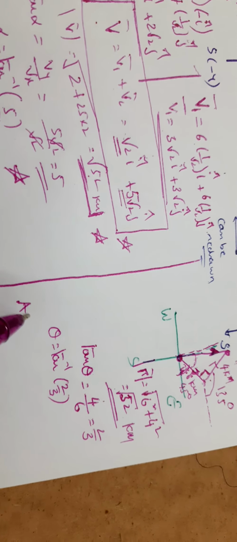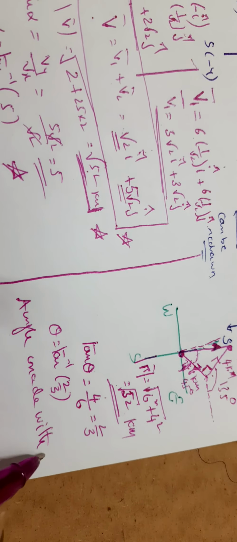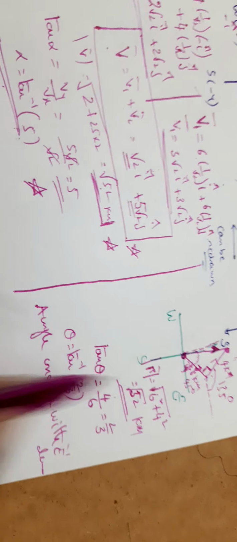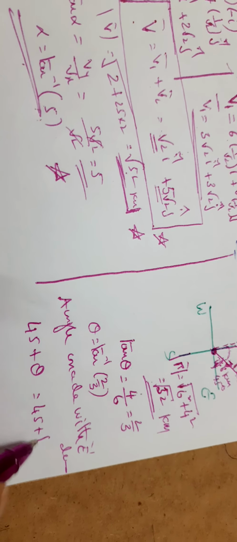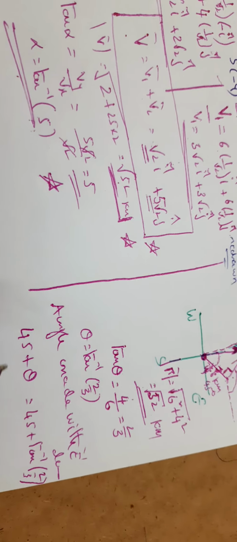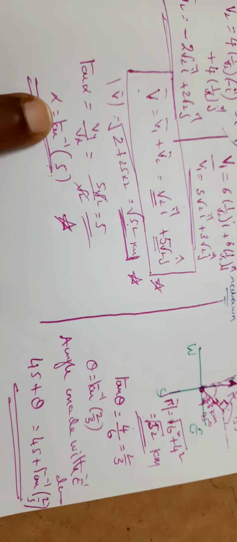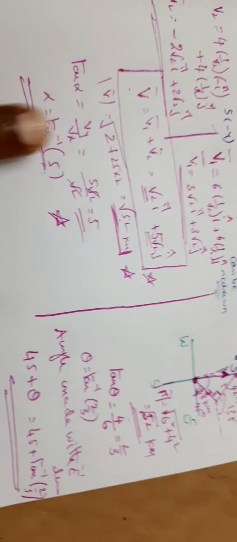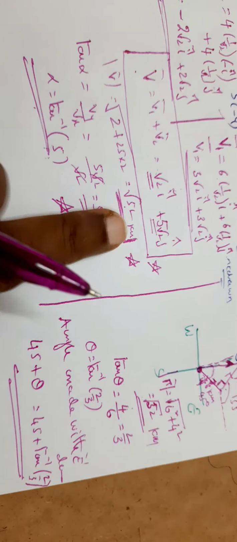So the angle made with the east direction is 45 plus theta, which is 45 plus tan inverse of 2 by 3. This is one answer, and the other method gives another answer for the angle, and for the magnitude you got root 52 in both cases.